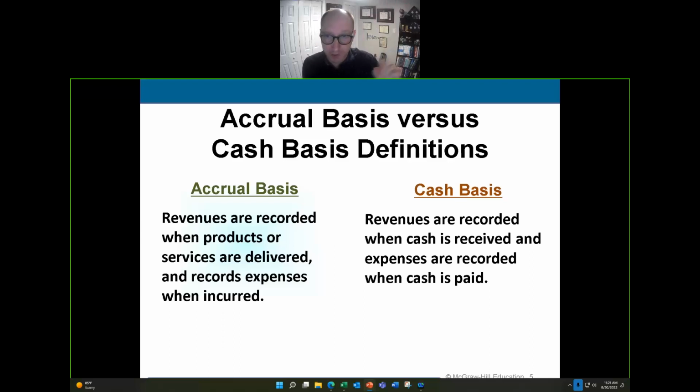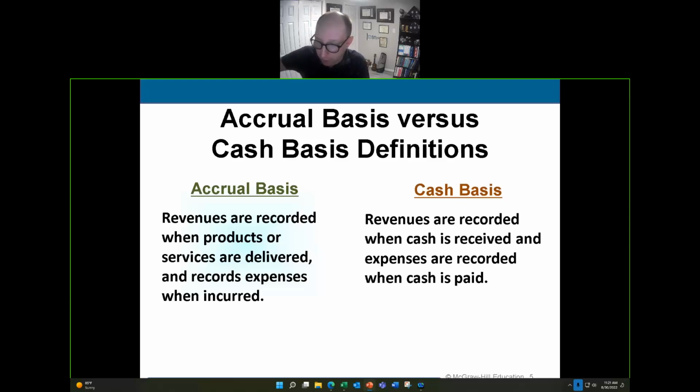So that's accrual-based accounting. Cash-based accounting, I record the revenue when I received it. When I received the cash. Example, restaurant businesses typically use cash-based accounting. The reason why is because they receive cash from their customer at the end of their visit.